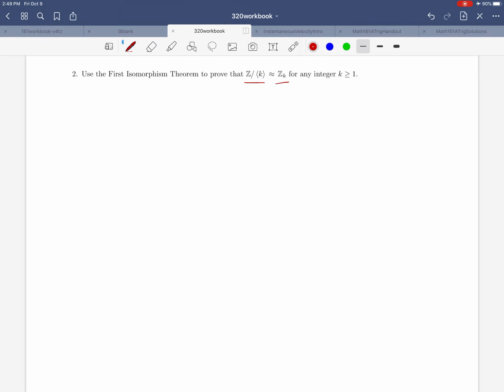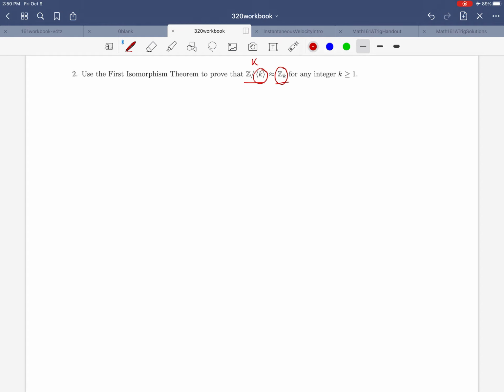Well, we need to find a homomorphism. And if we can find a homomorphism that has as its kernel this cyclic group generated by K, and if for that homomorphism Z_K is the image, then we get the result for free, because that's exactly how this theorem works.